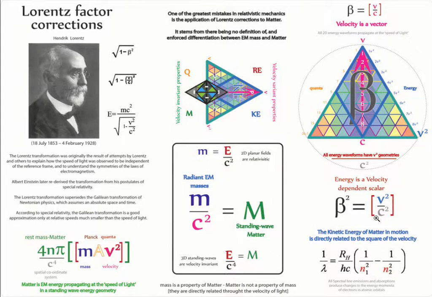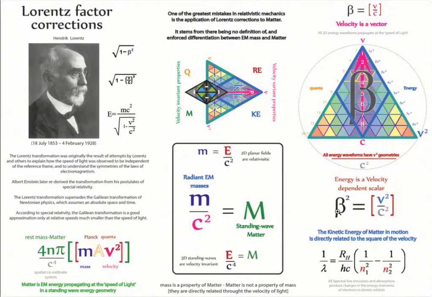And again, the Lorentz correction factor applies in a linear fashion, v on c, for the velocity of the particle against the natural speed of propagation for the energy. So in other words, it's like an efficiency factor between how efficiently the energy is moving the matter system compared to how fast the energy would propagate by itself.